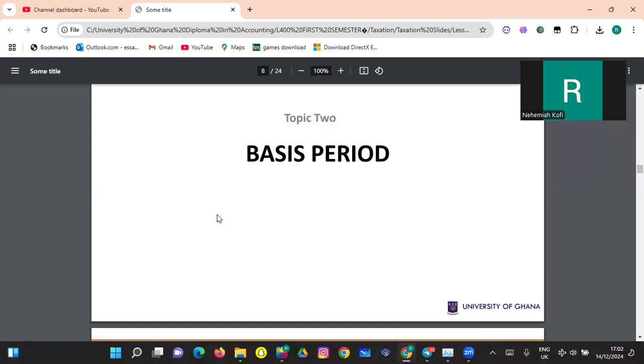All right. So let's take the year of assessment as a bigger picture. So let's say the year of assessment is this big box, right? So any work that was done that is needed to be taxed will be within this year of assessment. So the inside box here is the basis period.